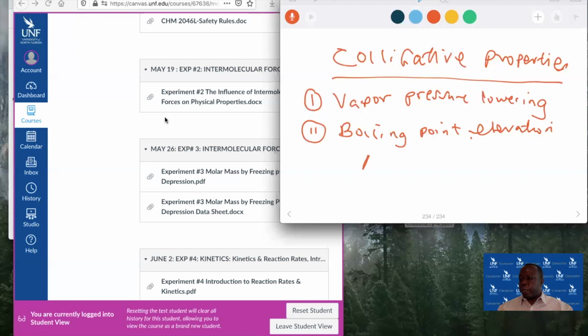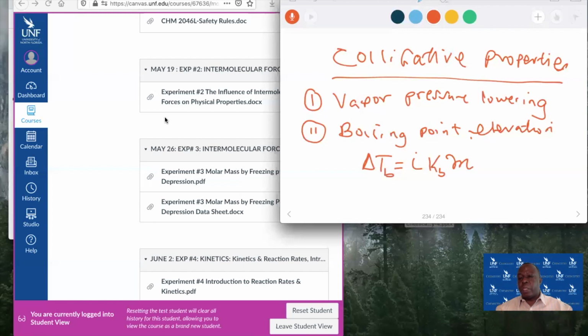The change in boiling point, with the subscript b here, you saw this in the background, is given by i, which we call the van 't Hoff factor, times K subscript b, which we call the molal boiling point elevation constant of a given solvent, and the italic m here stands for molality.